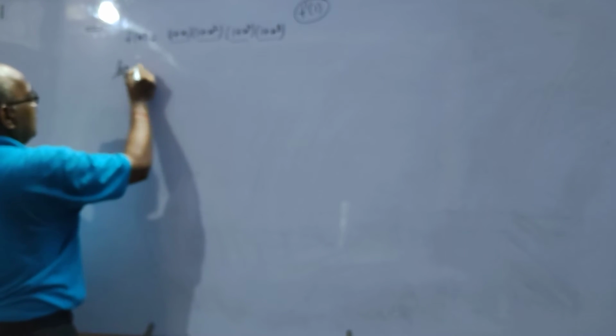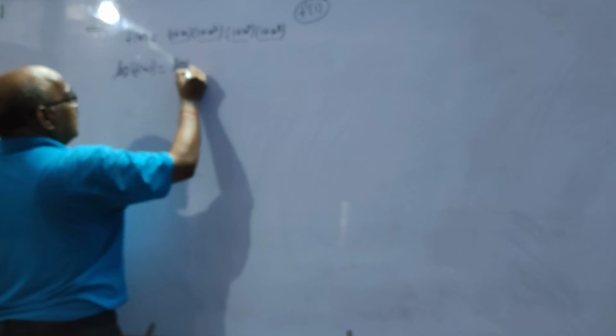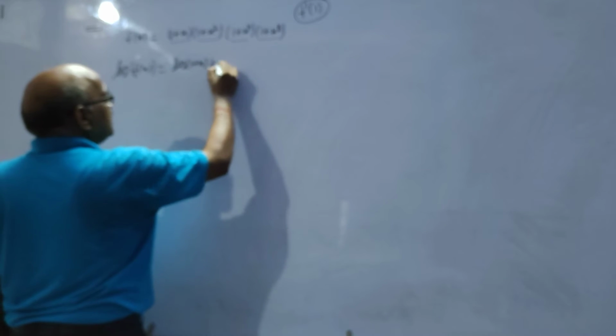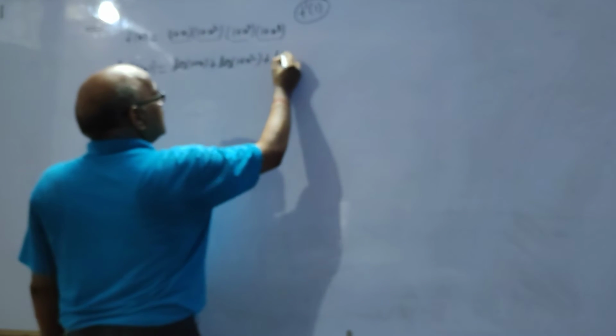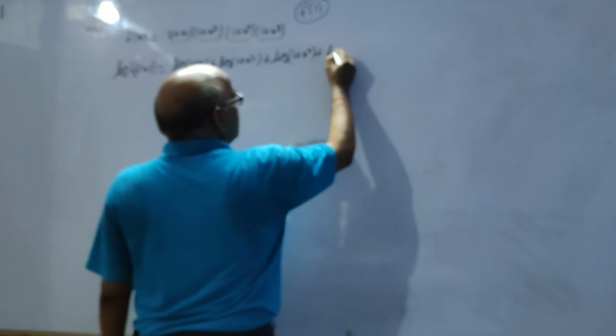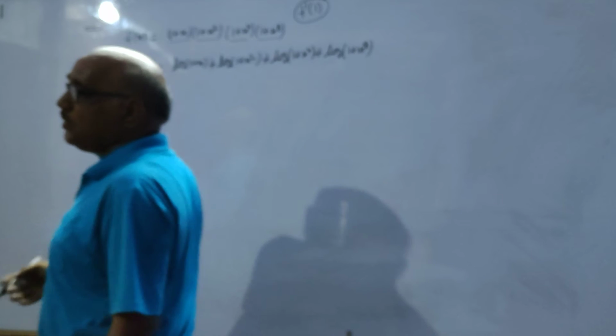That is log of f of x, that is equal to log of 1 plus x, plus log of 1 plus x square, plus log of 1 plus x to the power 4, plus log of 1 plus x to the power 8. Multiplication होता है तो sum में आ जाता है after taking the log.